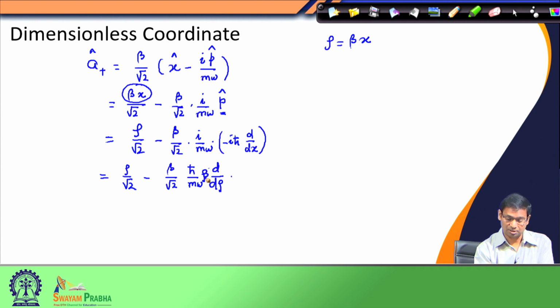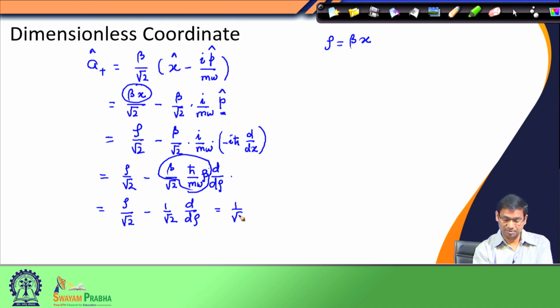I am sorry, this is not rho, this is beta. So d by dx becomes beta into d by d rho. So I have beta here, beta square, and if you remember, h bar divided by m omega is 1 over beta square. Therefore, this term becomes rather simple. All these terms cancel out, they become 1, and then I am left with this simple form.